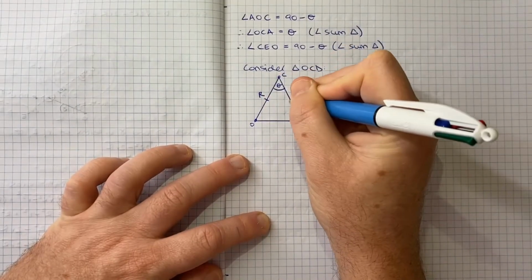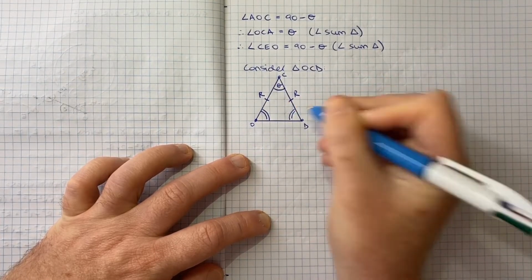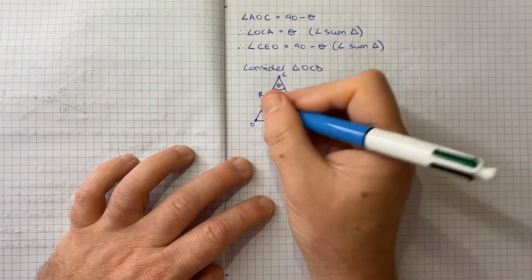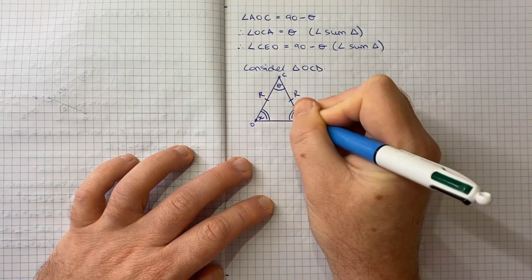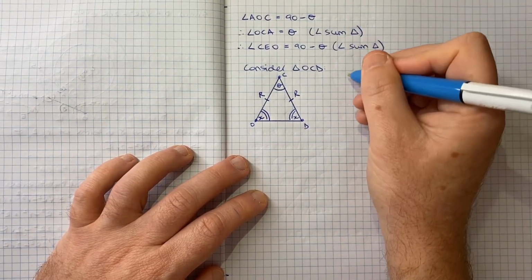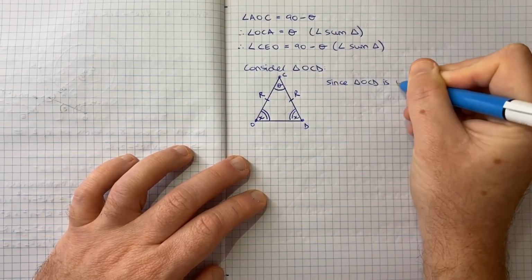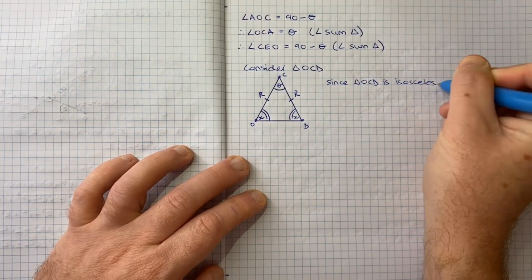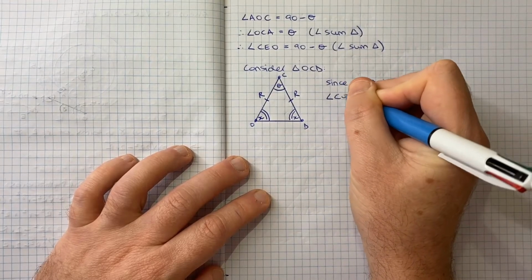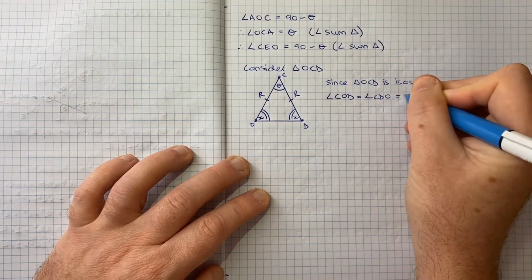So therefore, if these two sides are equal, we know that these two angles are equal. And then using the angle sum of a triangle, we can work out what they are. Maybe I'll just call it x for now, just as an unknown. So we can say, since triangle OCD is isosceles, angle COD is equal to angle CDO, and we're just going to call it x.